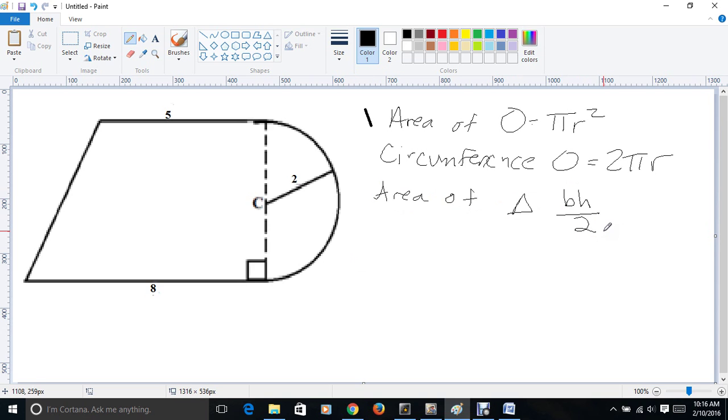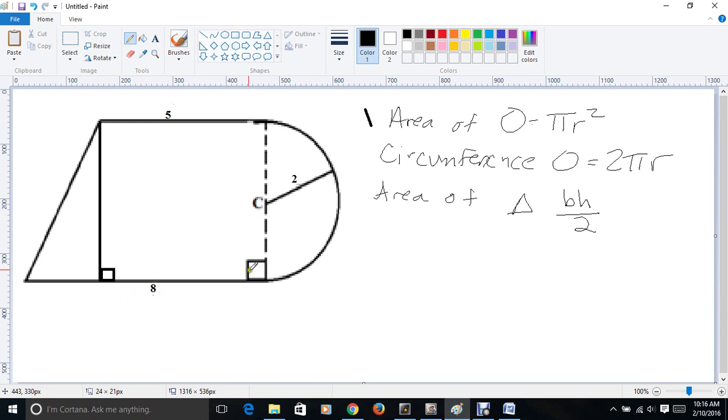Alright, so first of all, I'm going to drop an altitude for the triangle because you have to know the height, and the height means perpendicular height from the base up to the top. I know that this is a right angle because that's what I made it to be, and this is the height of the triangle. So to find the height, I just look at this rectangle.